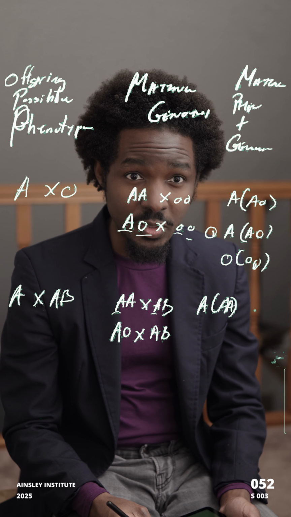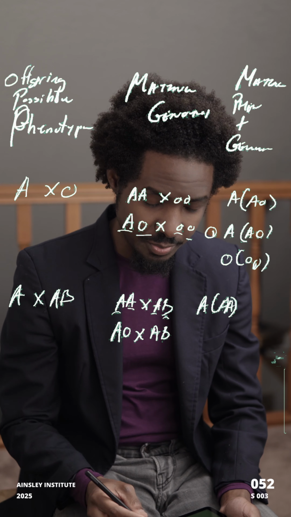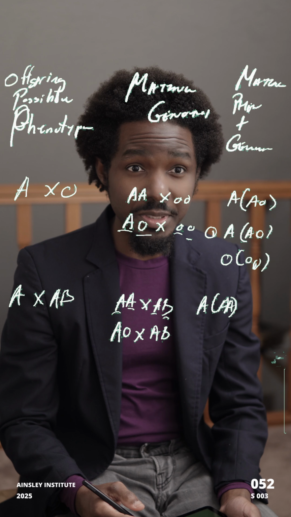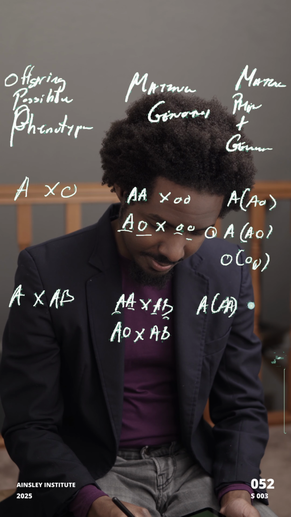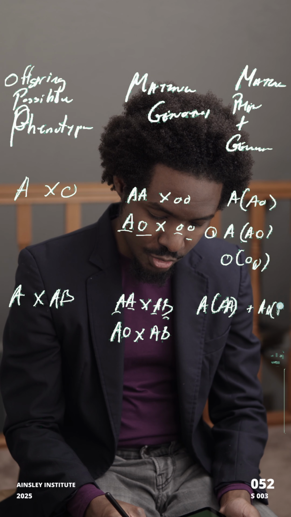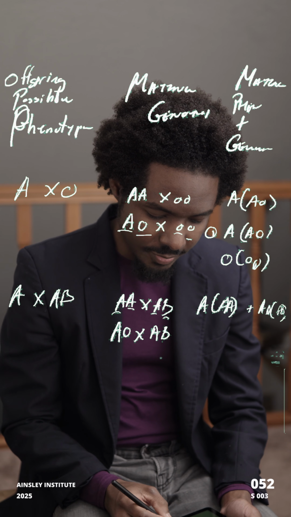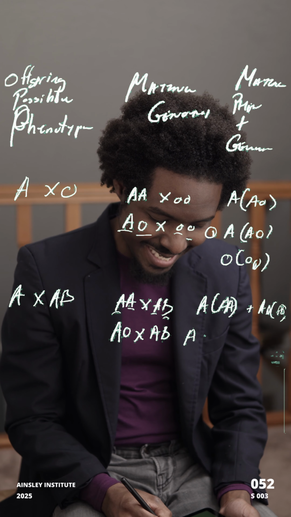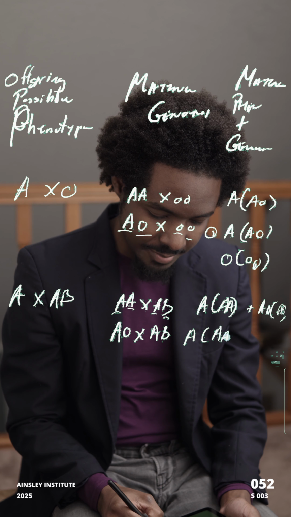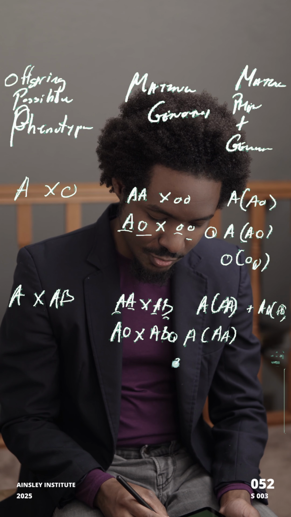But this person also could be A times B, which in this situation would be AB. And if we try to do it another way, these are the combinations we get. Now this person can also be A, and this can be A times A, that type of A.